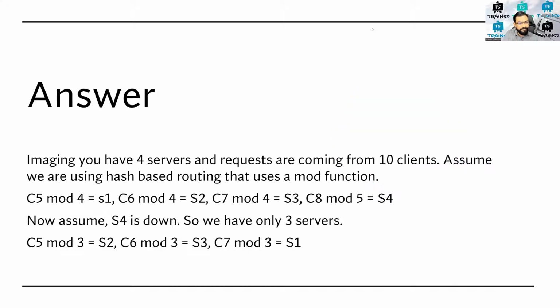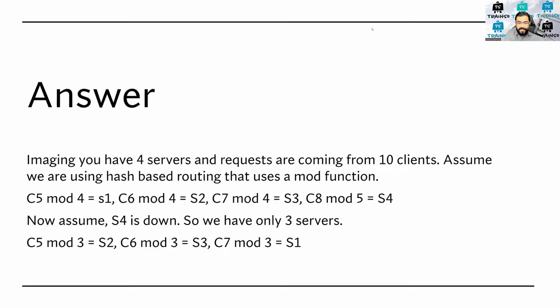There is a typo, it is actually mod 4. So now assume S4 is down. Now we have only 3 servers. C5 mod 3, what will it give? S2. Earlier it was mod 4, now it is mod 3 because you have only 3 servers. So now C5 will go to S2. Previously C5 was going to S1.